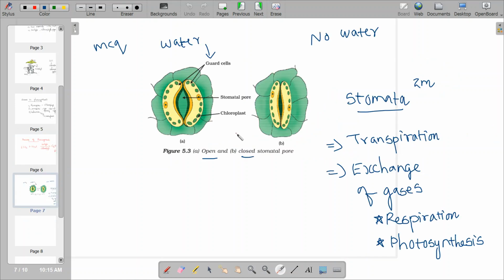Then we learned about the opening and closing of stomata. It depends on the amount of water present in the guard cells. If water is present inside the guard cell, it swells up and that makes the stomata open. If there is no water, the guard cells shrink and that closes the stomatal pore.